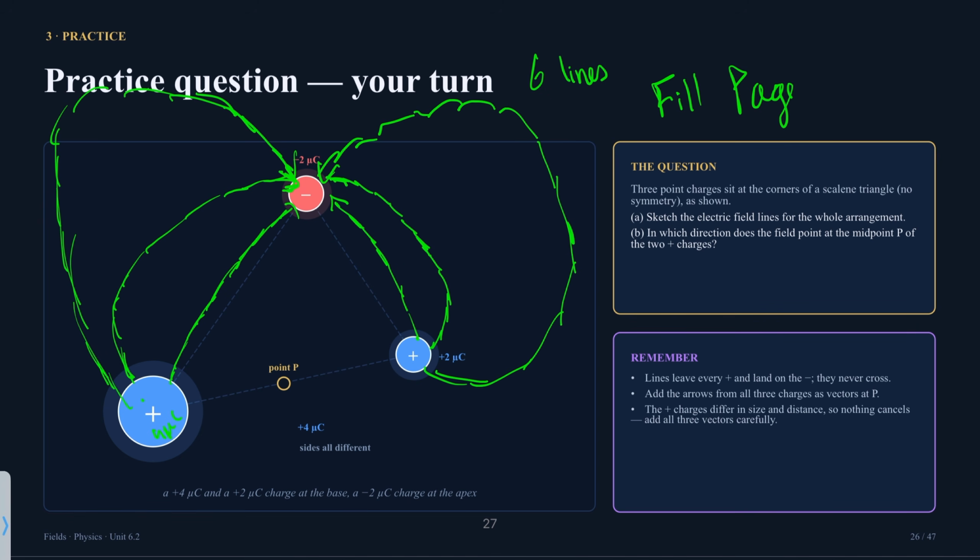Maybe, actually, let me make this 8 lines because I want to show you some more stuff. So at this point here, this proton would go like that, it would go here, right? Lines don't touch, remember? Same thing here, they wouldn't touch, but they would still attract to the same position. There'd be no field here because they equally repel or equally attract.